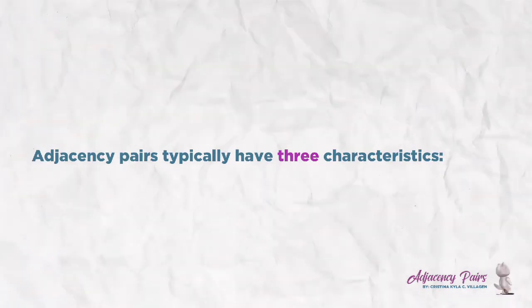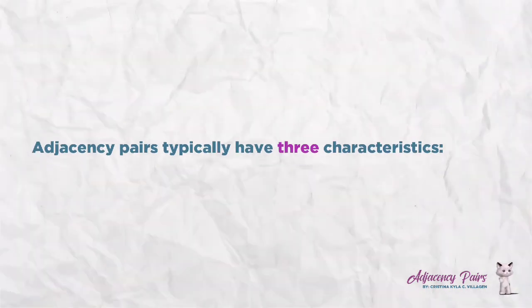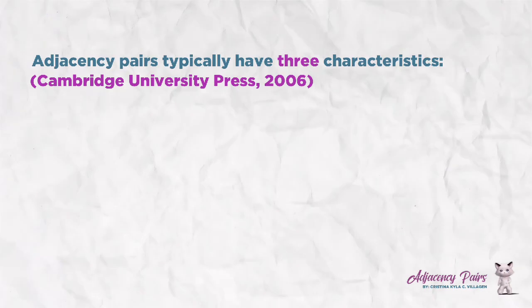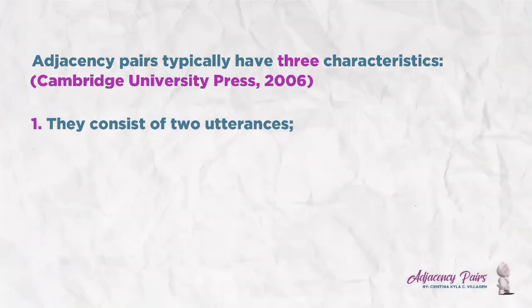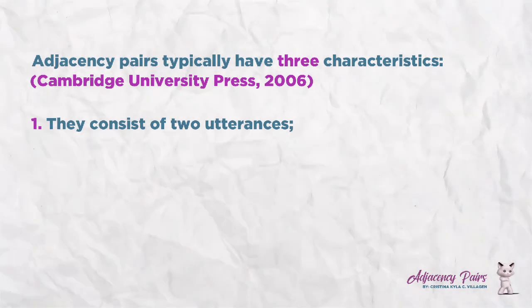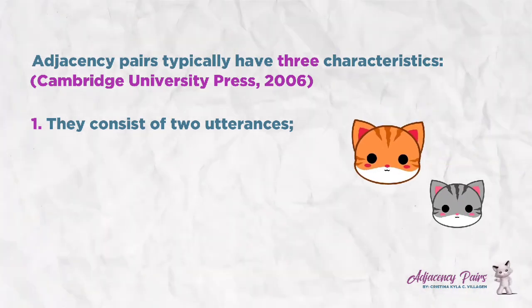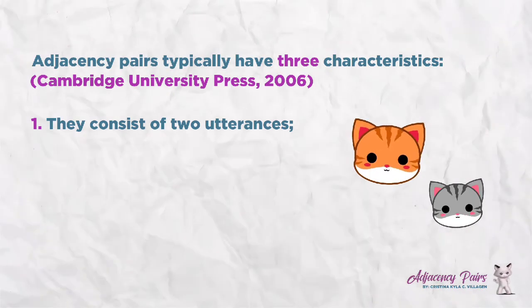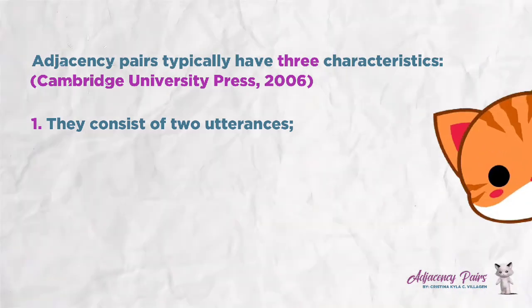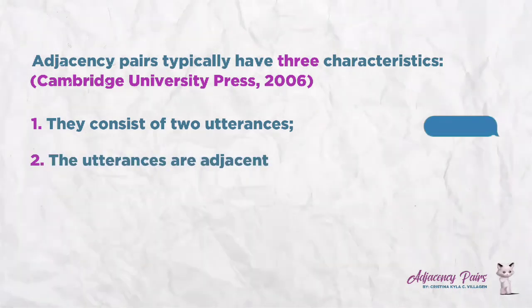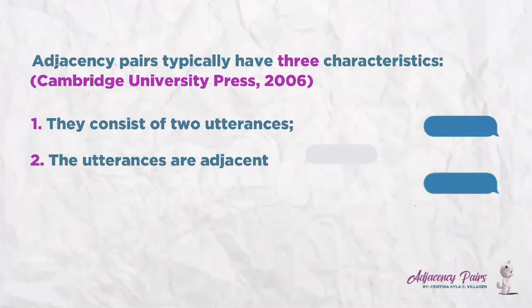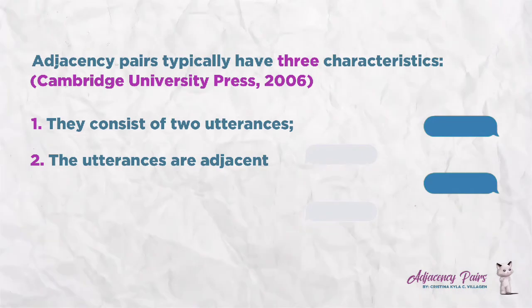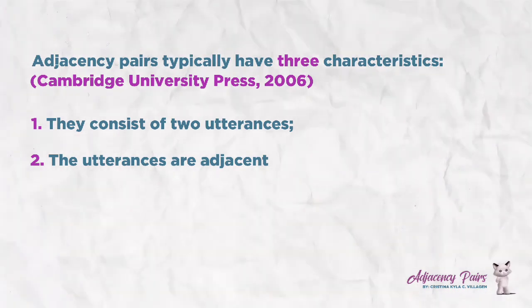Let us now discuss the three characteristics of adjacency pairs according to Cambridge University Press of 2006. Number 1, they consist of two utterances, meaning there should always be more than one speaker where one speaks after the other. Number 2, the utterances are adjacent, which implies that it is turn-taking, and what is in the first part of the pair determines what needs to be in the second part.